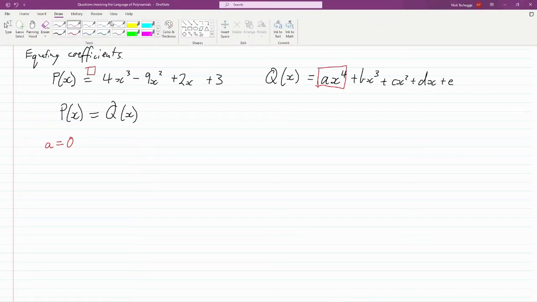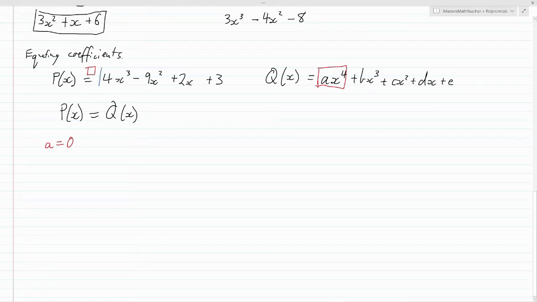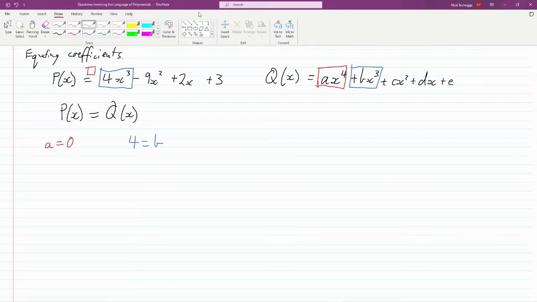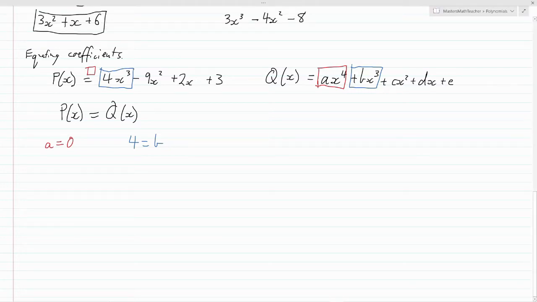Okay, let's look at the next one. We've got 4x cubed in P of x and bx cubed in Q of x. Well, that means that 4 equals b. We're just saying the coefficient in front of the x cubed has to be the same. All right, let's look at the next one, in a different color again.